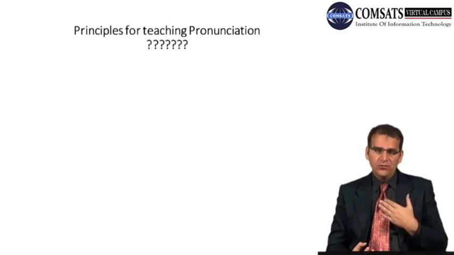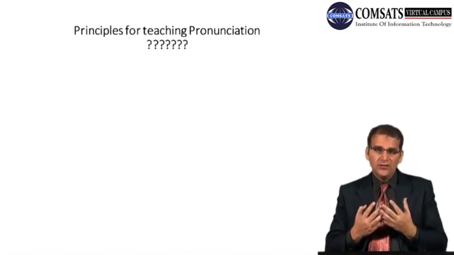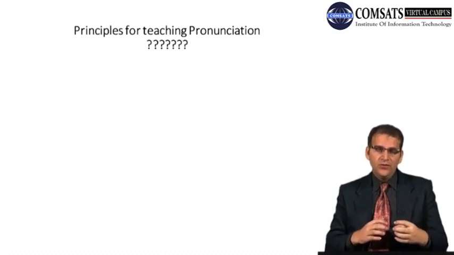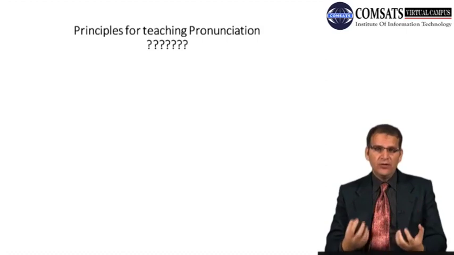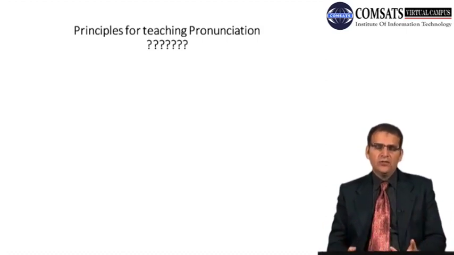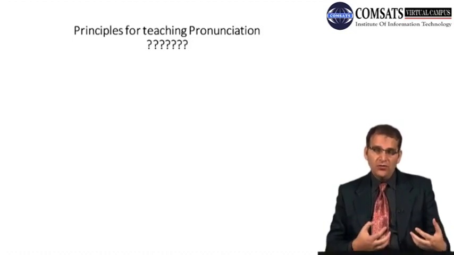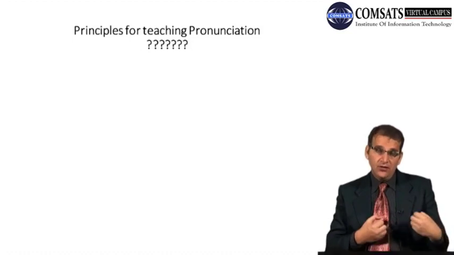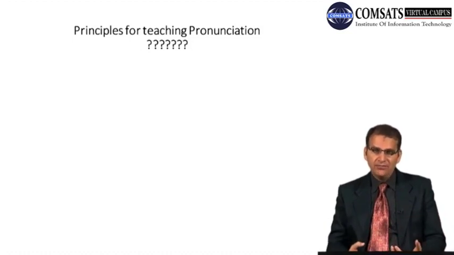Sometimes it happens that in your childhood your articulators develop, and whatever sounds are there in your L1, your articulators develop accordingly. So sometimes you put in every effort, but you cannot in fact pronounce some sounds, right? Because your articulators cannot change at this age once you are an adult, right?